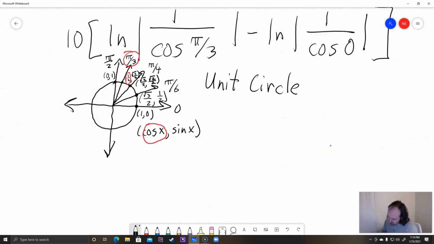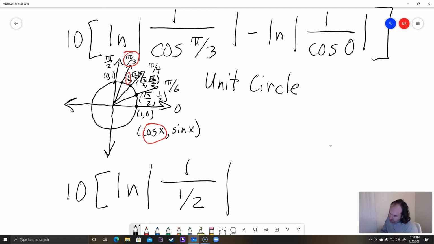Okay, so what we got here is 10 times natural log of absolute value of 1 over cosine of pi over 3, which is going to be 1/2. Okay, and then we subtract natural log absolute value of 1 over cosine of 0. Well, remember, cosine of 0 is going to be the x-coordinate, which is 1.